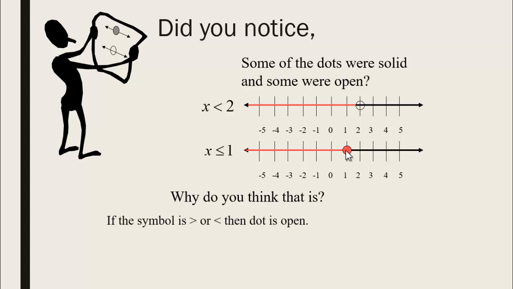So if the symbol is greater than or less than, then the dot is open because I want to say that this number is not included in my set of values. If the symbol is greater than or equal or less than or equal, then the dot is solid because I want to say that this number is included inside of my range of values.